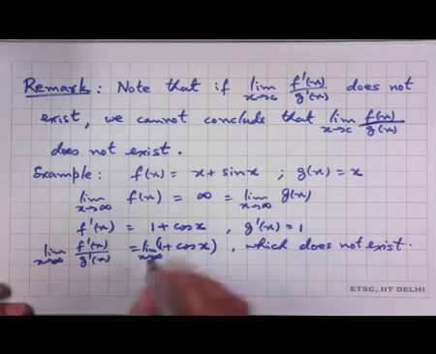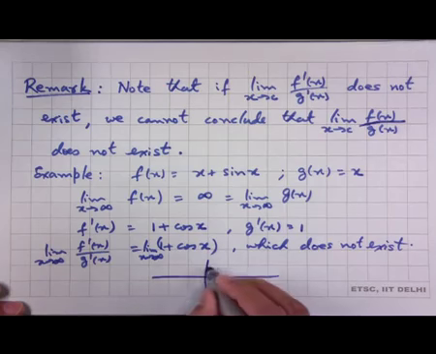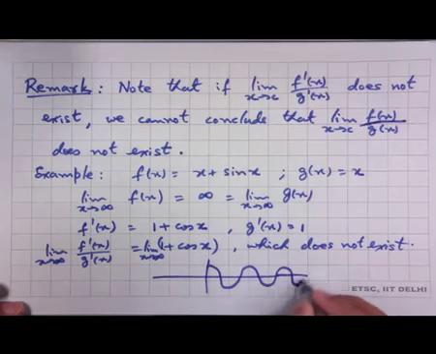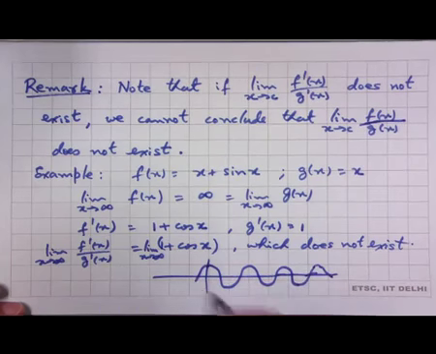This is because the limit of cos x at infinity does not exist. Cos x keeps oscillating between negative 1 and 1. So, there is no limit as x approaches infinity.